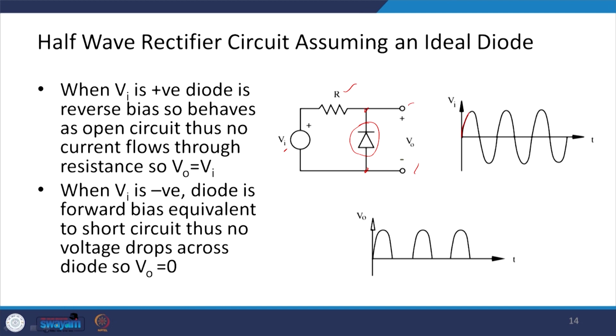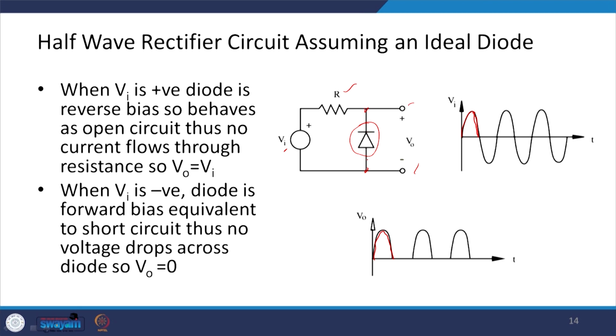So, this input is whatever is there, and we have the output over here. In the next half of the cycle, this becomes negative, and this of course is negative. So, this diode becomes reverse biased, and this diode becomes forward biased, and in case of forward bias there is flow of current.